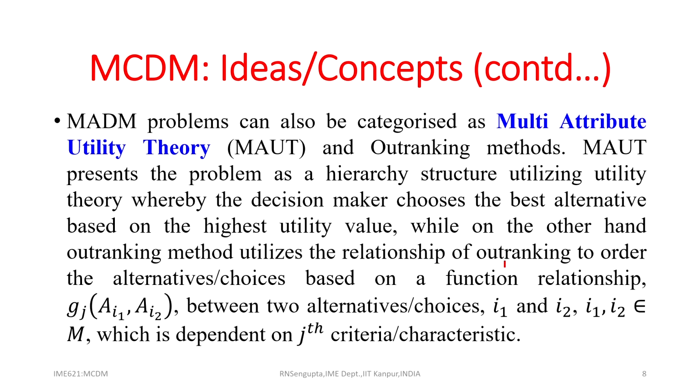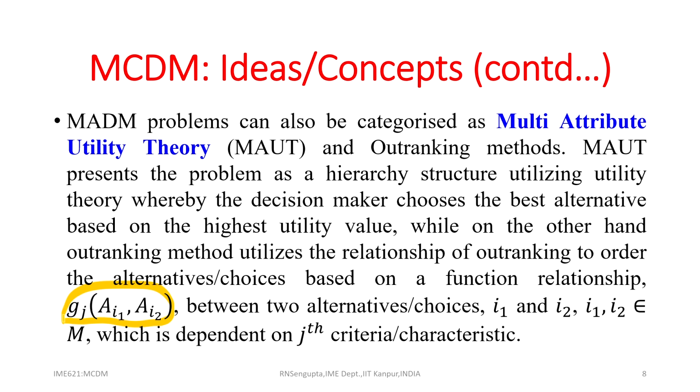It utilizes the relationship of outranking to order the alternatives and the choices on a functional relationship, where the functional relationships are basically denoted by this, which I am highlighting.